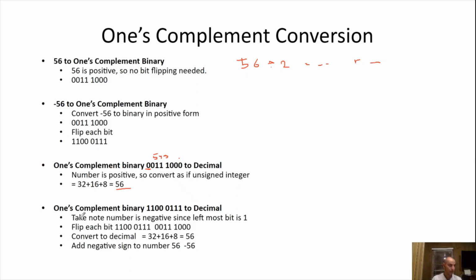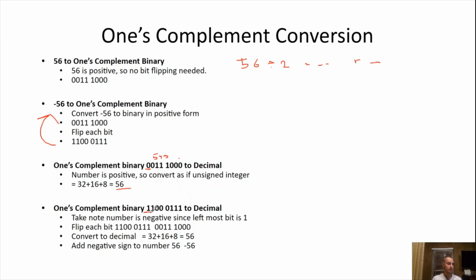Nothing tricky. But in this one, again, you have the one's complement binary. It's a 1 on the most significant bit. So what do you do? Once you see it's 1, that means it is a negative number. So that means it's already been flipped. So we have to flip back, basically, to get to the original number that it was before getting flipped, because that's the number that you want to convert.